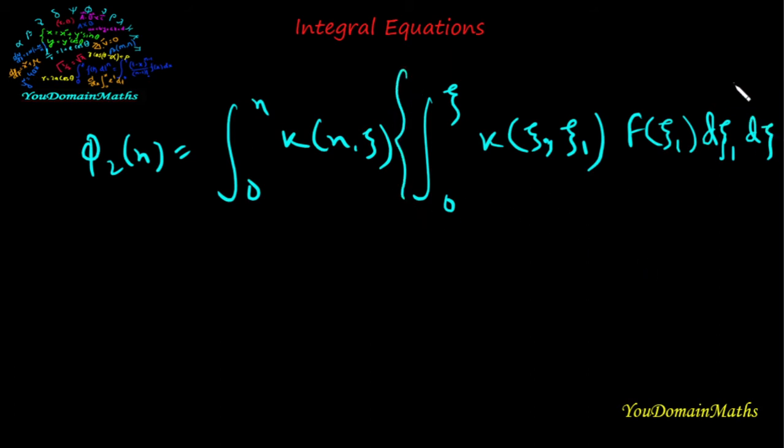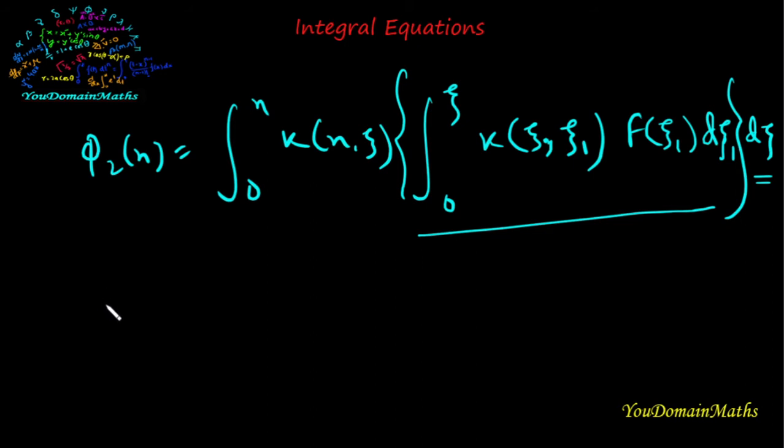So firstly we integrate this and find the result, and the second time we integrate with xi, then we find this iterated function. In this method we solve it using an example.